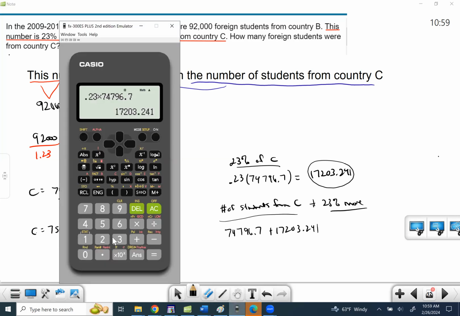Not perfectly, because I did cut off some decimal digits, but close enough, right? There you go. That's pretty much 92,000, you guys, right there.